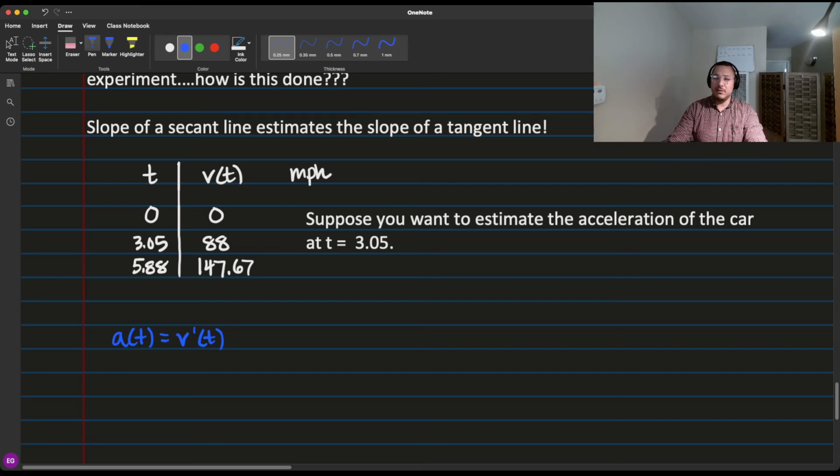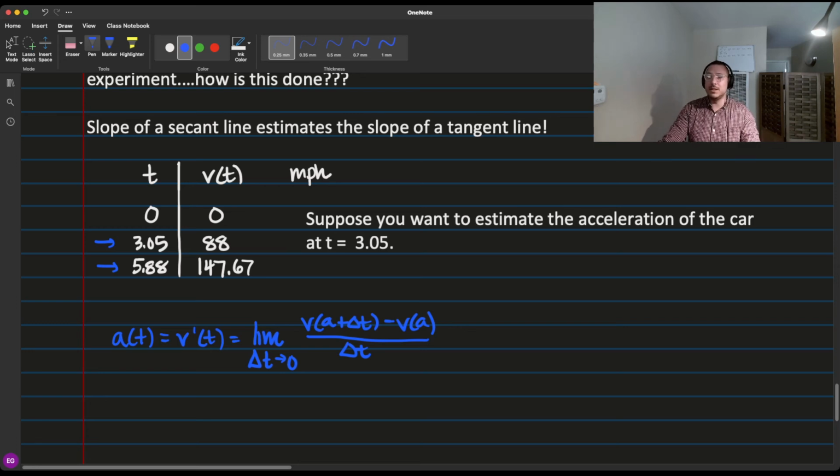And how do you take the derivative of the velocity? Well, you would do the limit as delta t goes to 0 of the velocity at time a plus delta t minus the velocity at time a, all over delta t. This is the slope of a secant line, and here you can choose one point right here and one point right there. So you can estimate what this might be close to. Actually, let me redraw this one up here.